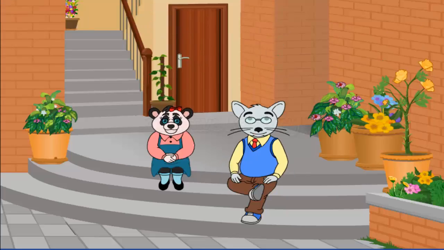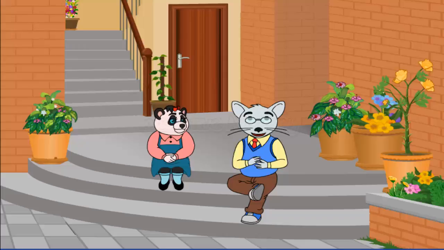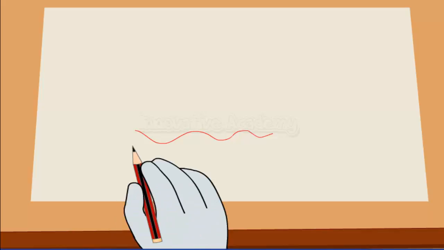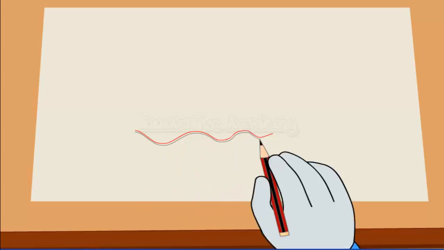Dear students, let me put a thread on this paper again. You all know that this thread is not straight. Now let me draw a line with this thread. Look at this line now.